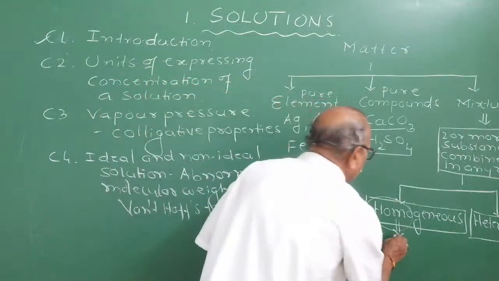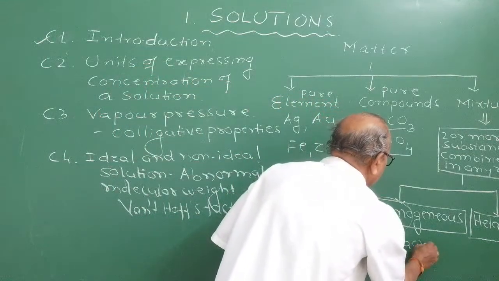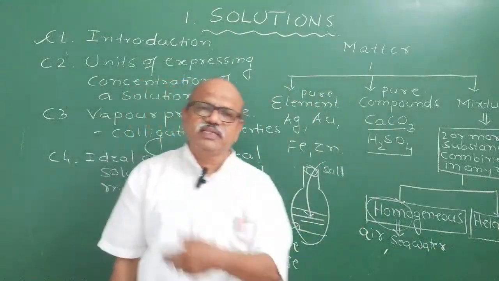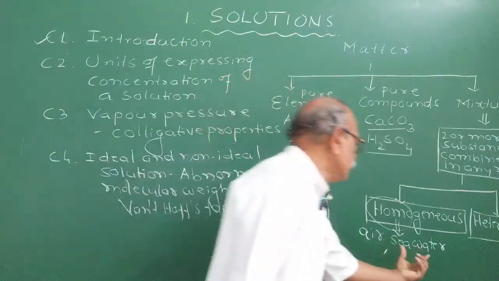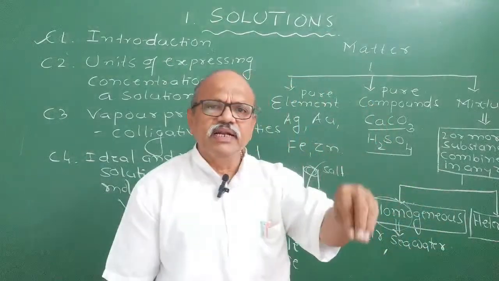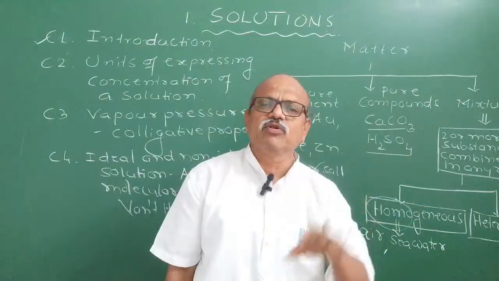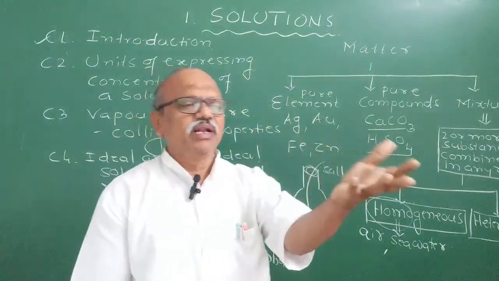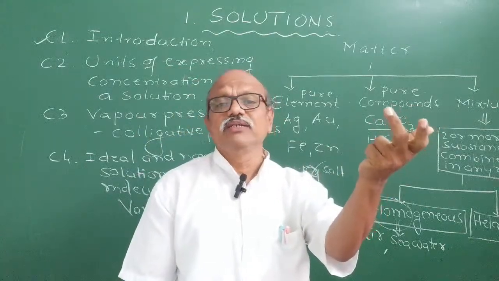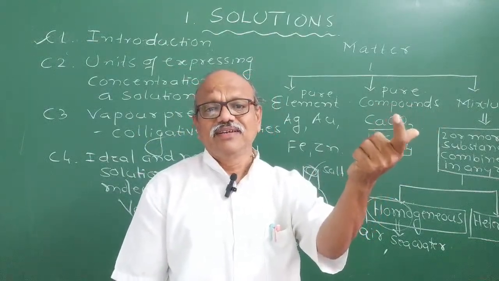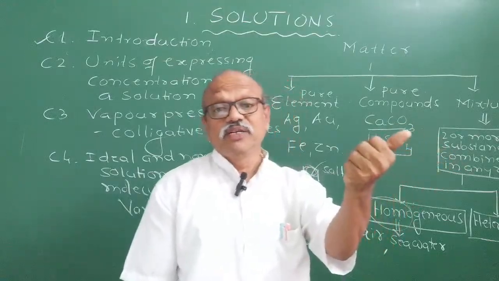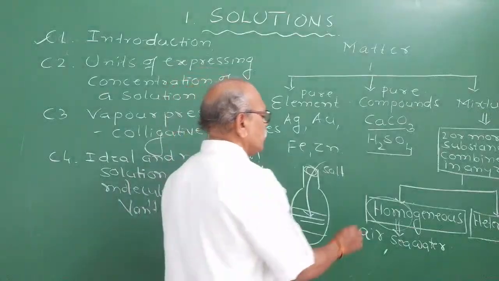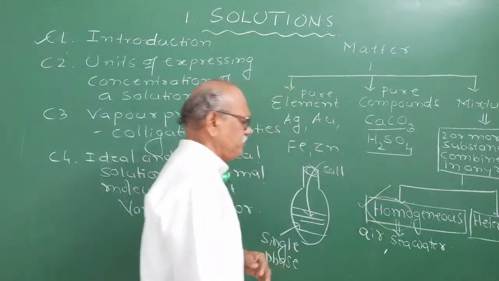And for example, seawater you take. Seawater consists of a large number of dissolved salts in it, right? Can you separately see sodium chloride, calcium chloride in it? Even in hard water, carbonates, bicarbonates, sulfates, chlorides will be present. You cannot see them separately, right? Such a mixture is called homogeneous mixture.